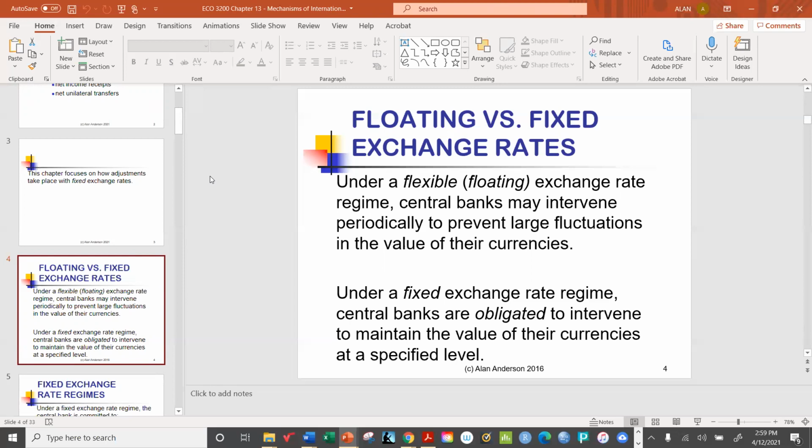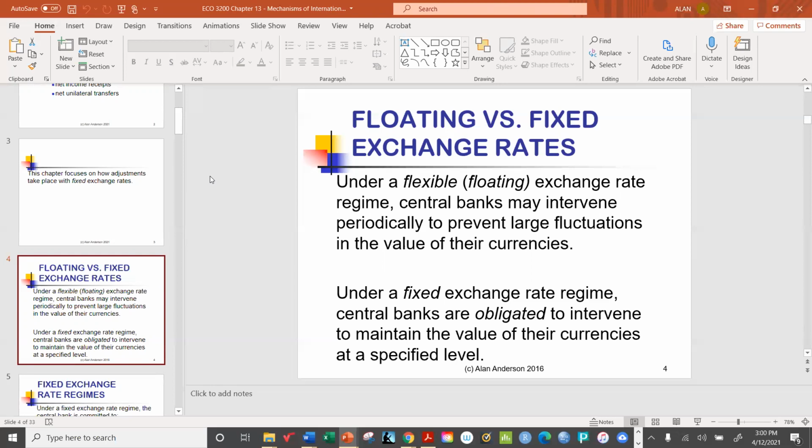We can have what are called floating exchange rates, which is what we have now, by the way, which means that their strength is determined by the interaction of supply and demand, although sometimes central banks may intervene to prevent large fluctuations in the values of their currencies. We call that a flexible or floating exchange rate system because the markets ultimately determine the strengths of these currencies.